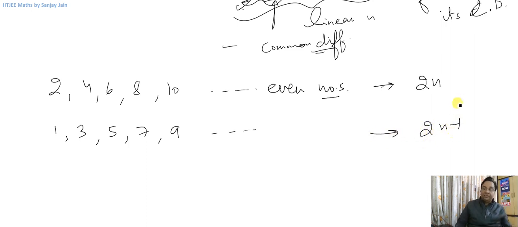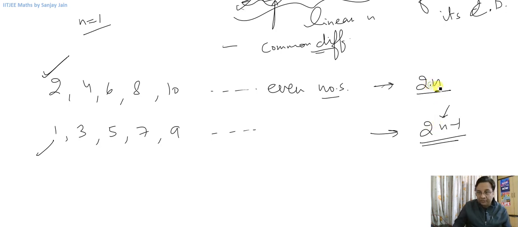What do we mean by general term? That we will keep replacing values of n and we will keep obtaining the terms. If I replace n with 1, I'll get my first term, 2 into 1, that is 2, right? And in this case also, if I replace n with 1, I'll get my first term, that is 2 minus 1 equals 1.